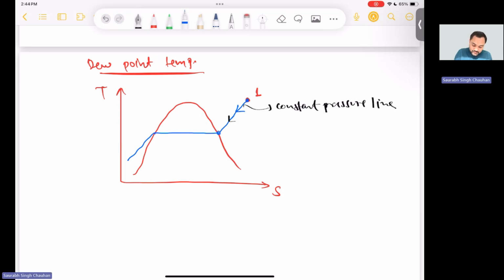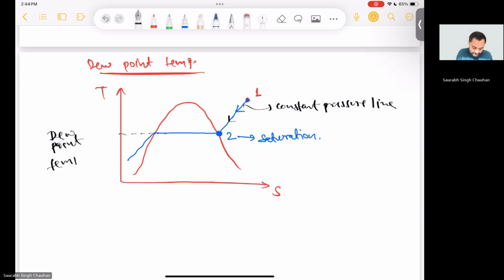When you reach point 2, you have reached the saturation state. The temperature at point 2 is called the dew point temperature.